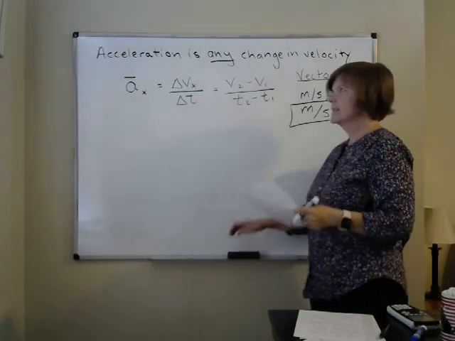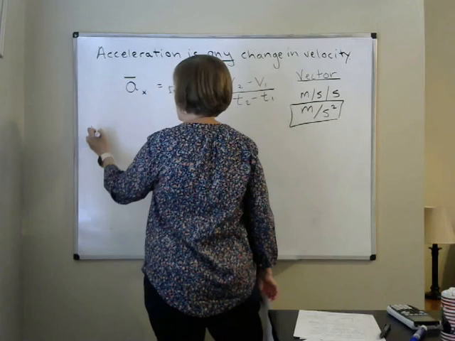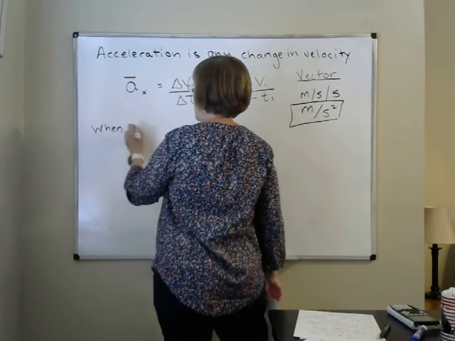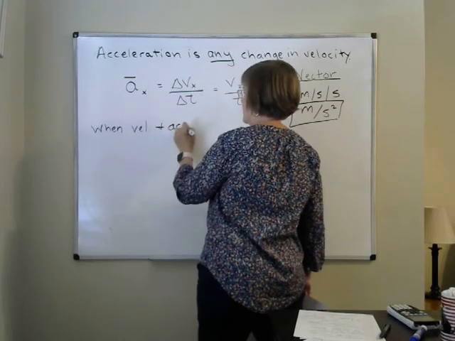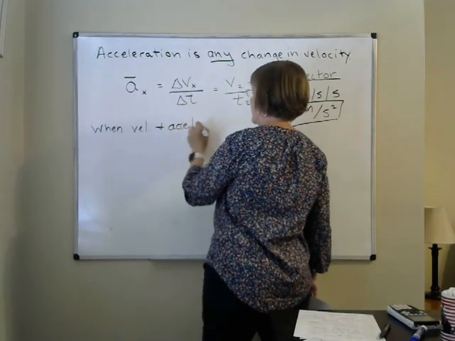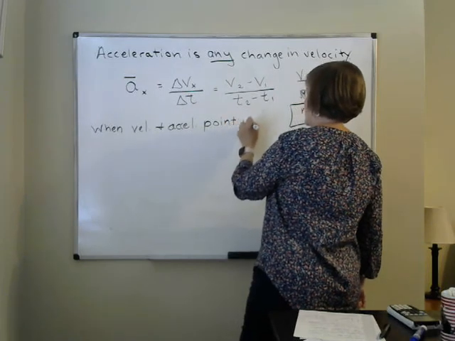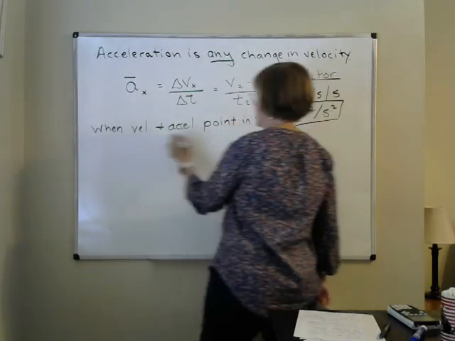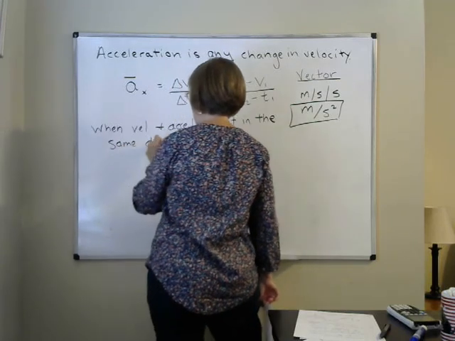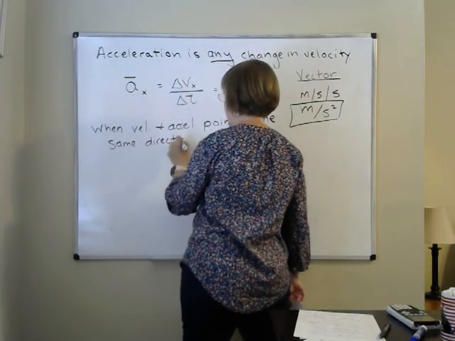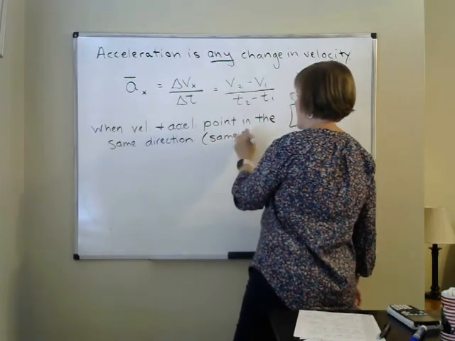There's some interesting things we need to understand. One is when velocity and acceleration point in the same direction. Another way of saying that is they have the same sign.